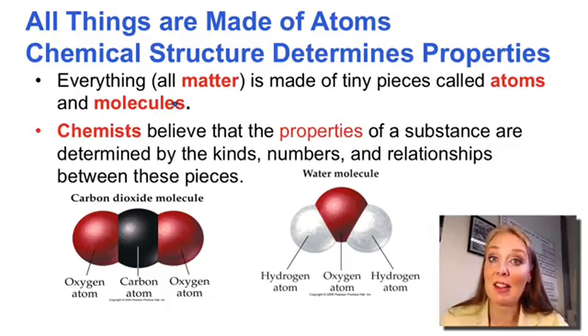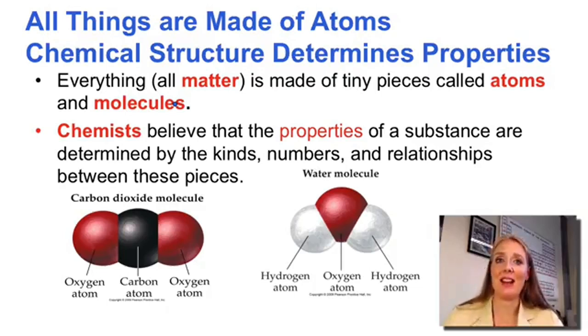Chemists believe that the properties of the substances, in other words, whether the substance is a solid, liquid, or a gas, how high is the boiling point, what does it taste like, what does it smell like, all of those things are determined by the kinds, numbers, and relationships between the atoms and molecules of that substance.